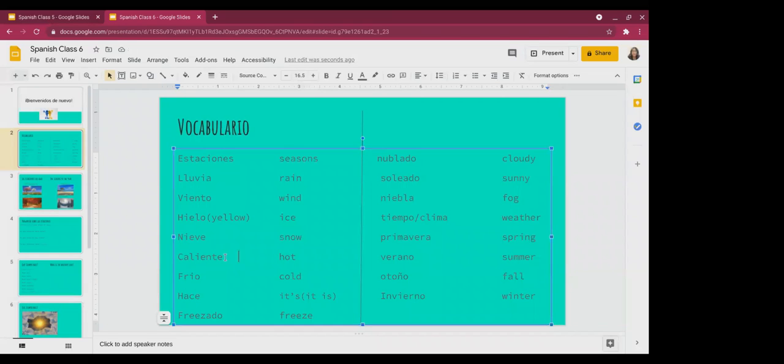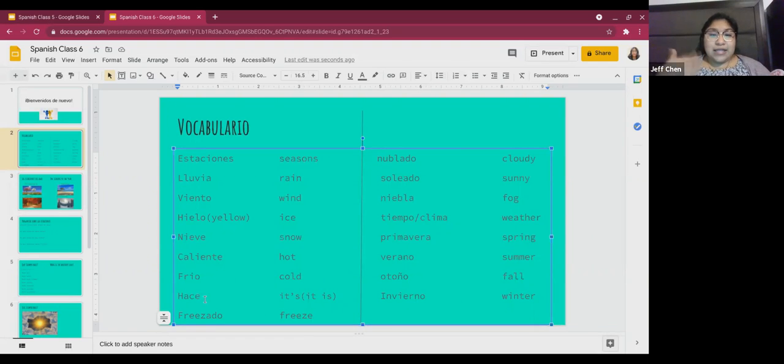You wouldn't say caliente. But caliente, you would say when an object is hot, está caliente. So you wouldn't use the word caliente to describe the weather. If you want to describe the weather, you would say hace calor.